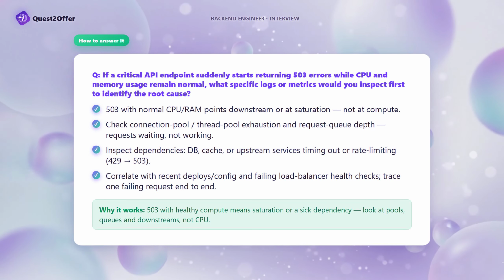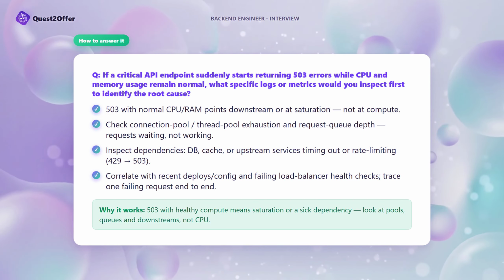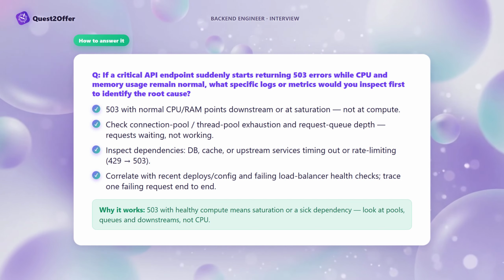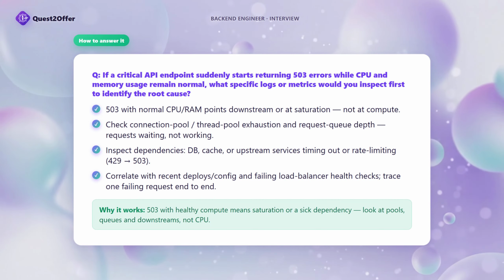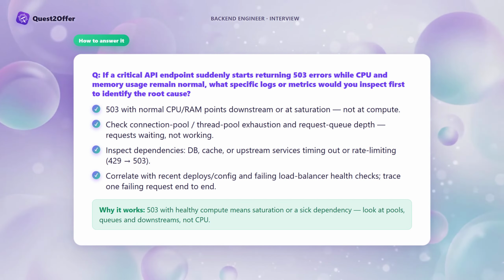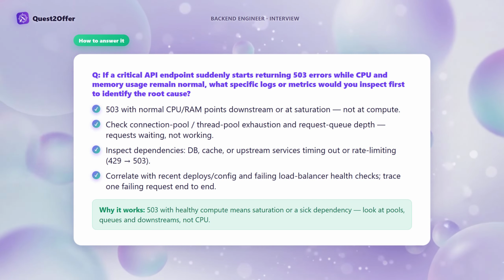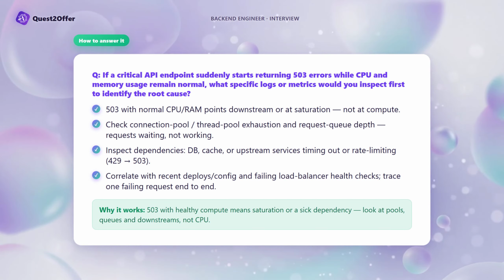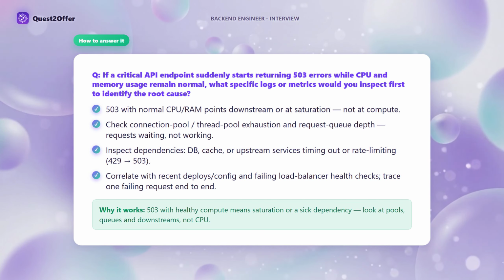Check your connection and thread pools and the request queue depth. Requests are waiting, not working. Look at dependencies, a database, cache, or upstream timing out, or rate limiting you into 503s. Correlate with the last deploy and your load balancer health checks. Then trace one failing request end to end.